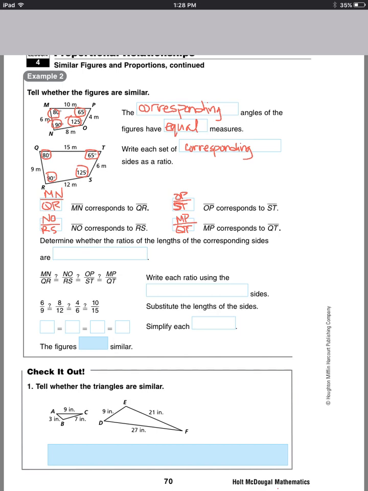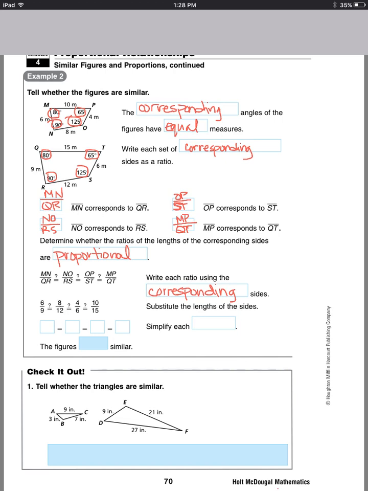Now we need to determine whether they are proportional. So we write each ratio using the corresponding sides, which they did for you, but we already did above. And then we substitute the side lengths, which they got from above.